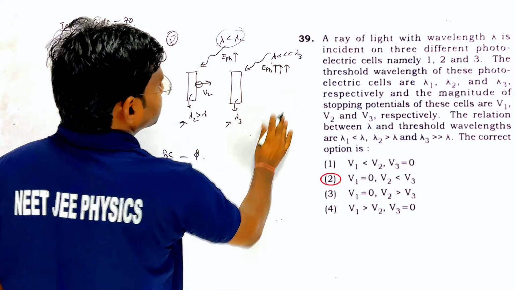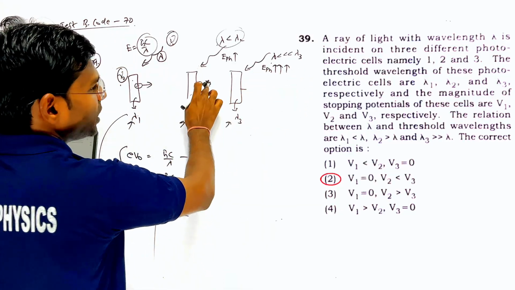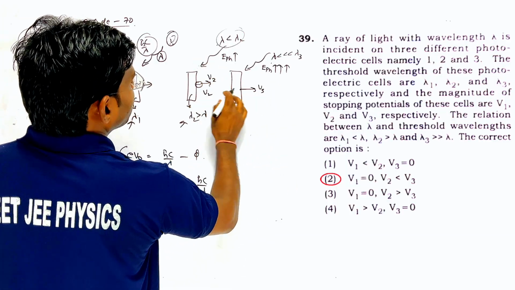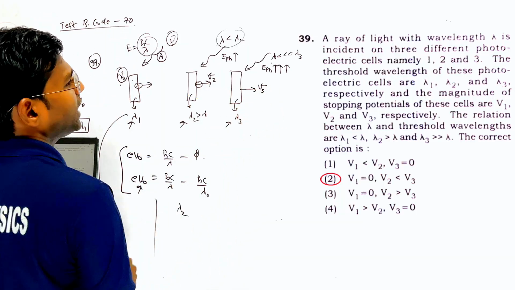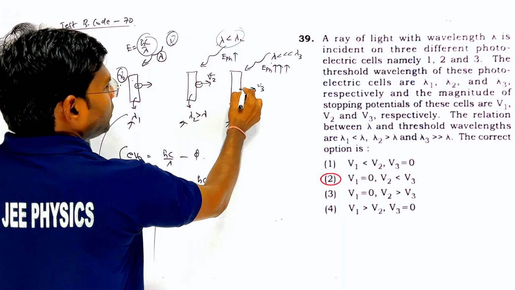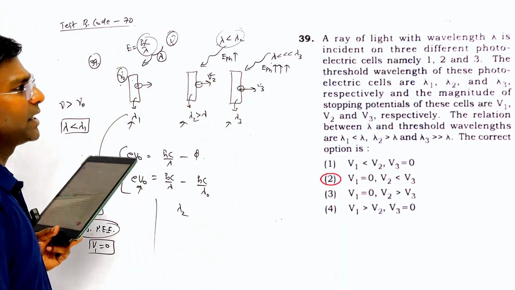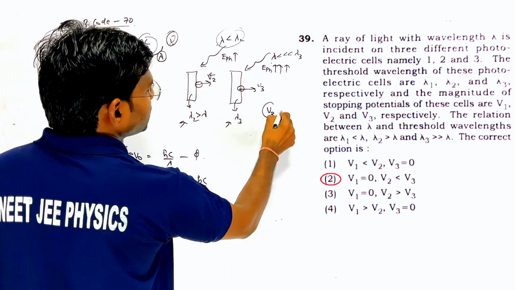This is also increasing. So in this case, if you consider the speeds as V2 and V3, the speed will be more, or the kinetic energy will be more, right? This photoelectron will have more kinetic energy, so more stopping potential. So its stopping potential is V3.